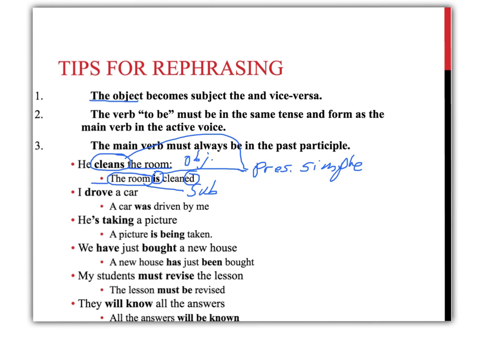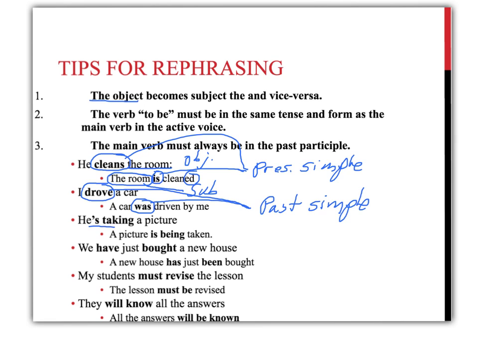In the next sentence, we have I drove a car. Drove is in the past. Therefore, the verb to be needs to be in the past. They are both in the past simple.